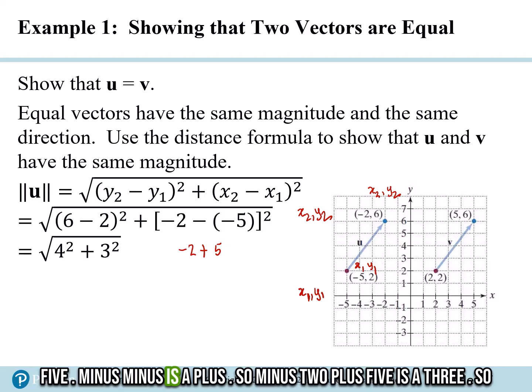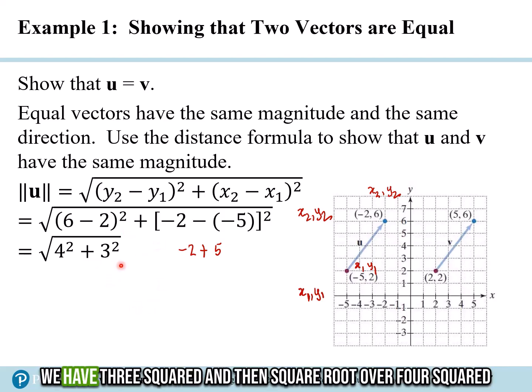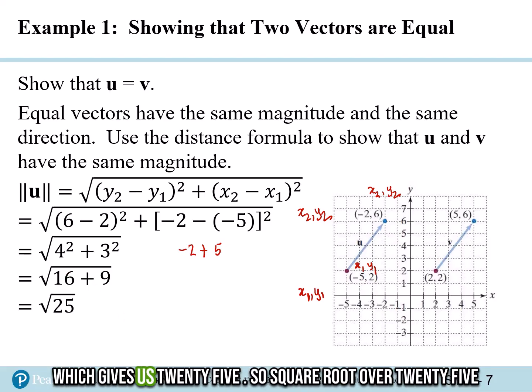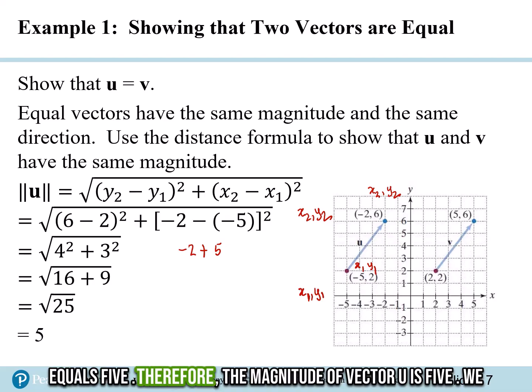Minus minus is a plus, so minus 2 plus 5 is a 3. So we have 3 squared, and then square root over 4 squared plus 3 squared is square root over 16 plus 9, which gives us 25. So square root over 25 equals 5. Therefore, the magnitude of vector u is 5.